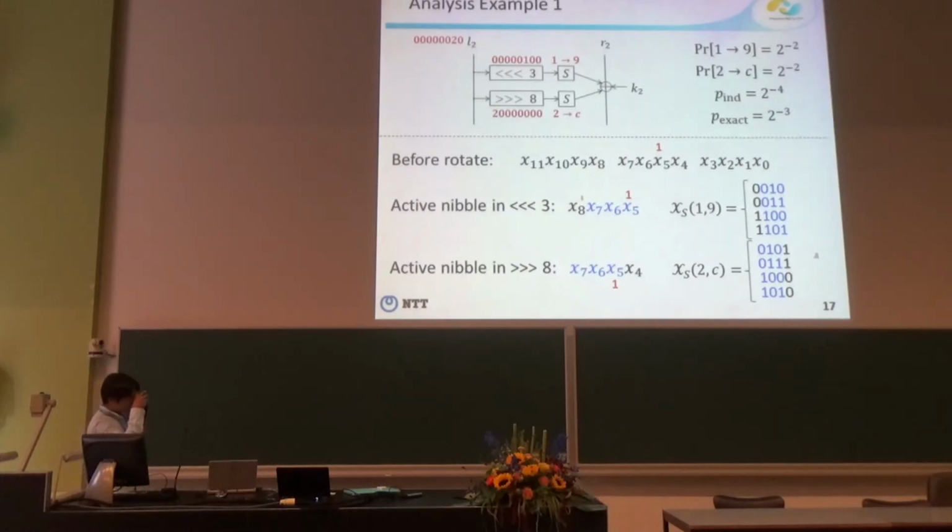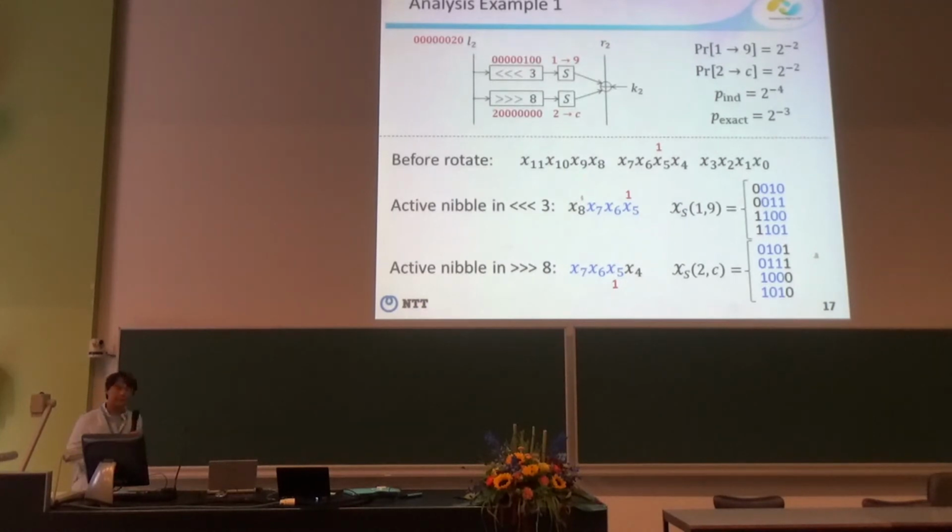Okay? So in round 3, we have this propagation. The input difference is like this. And then this will be propagated to the top half of this function and the bottom half of this function. And it will activate the 2 S-boxes here. According to the differential distribution table, with probability 2 to the minus 2, input difference 1 is propagated to 9. And the difference 2 goes to difference C with probability 2 to the minus 2.